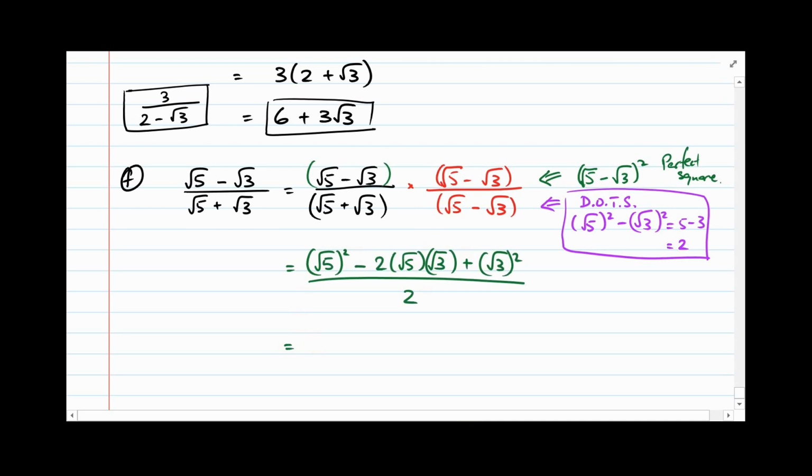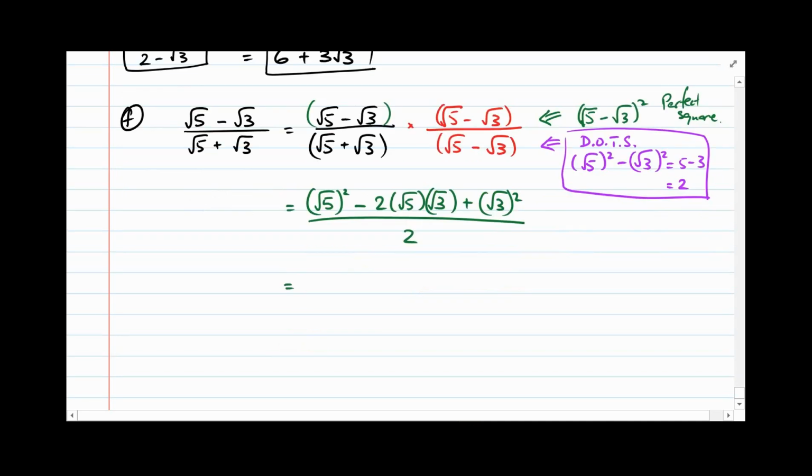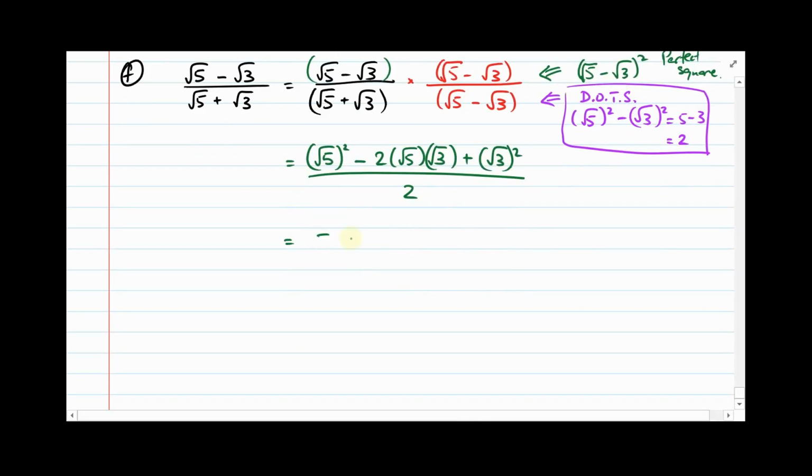Let's simplify. So I get 5 minus 2 root 15 plus 3 all over 2. I end up combining like terms in the numerator. 5 plus 3 is 8 minus 2 root 15.